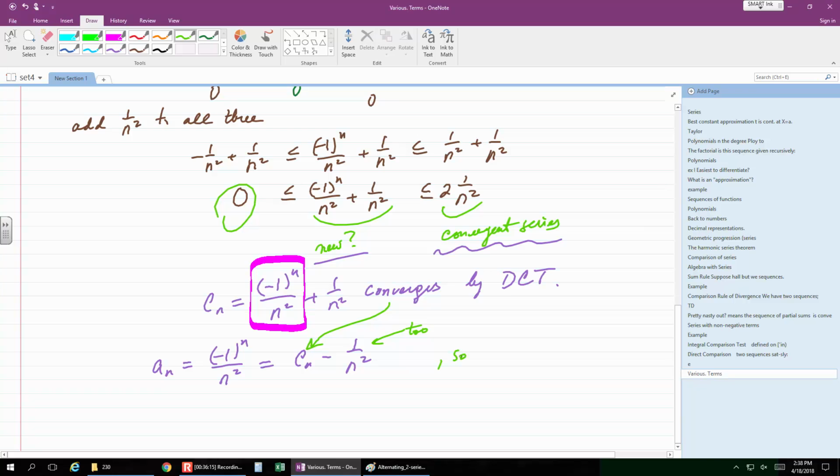So the sum of an is convergent by the sum rule. The difference of two convergent series gives a convergent series. So we have proven that the alternating series in the box is in fact convergent.